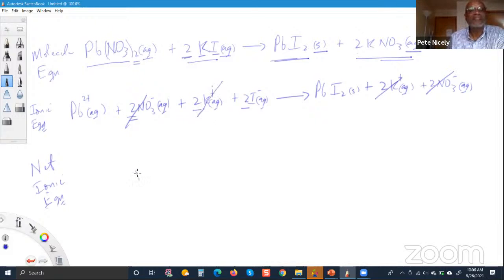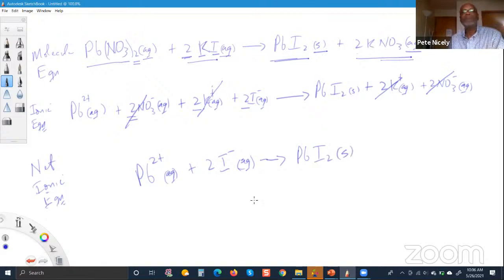And we'll be left with Pb2+ aqueous plus 2I- aqueous to give PbI2 solid, and that would be the net ionic equation.